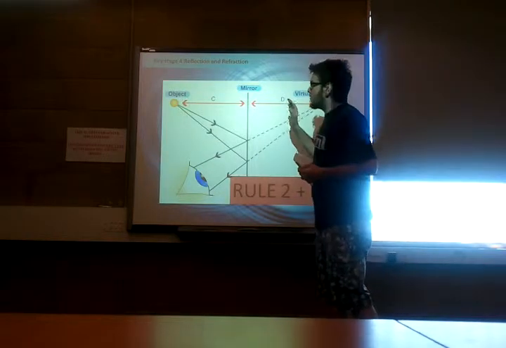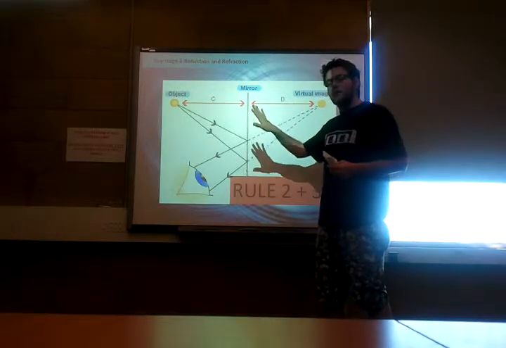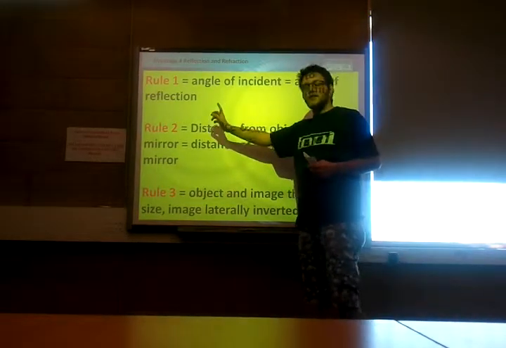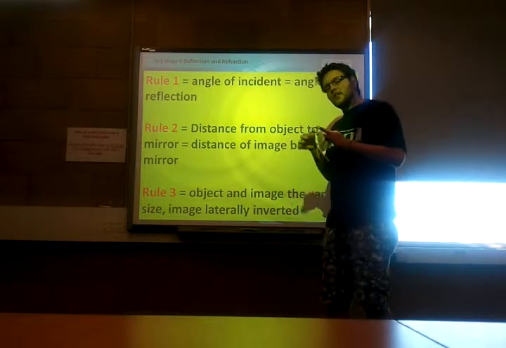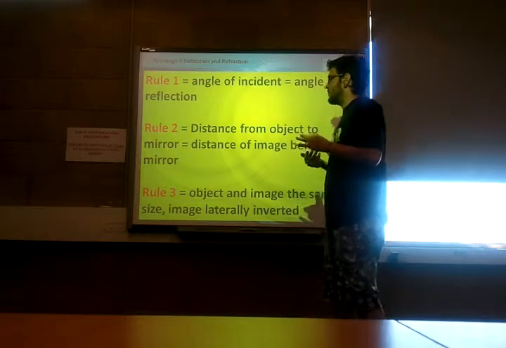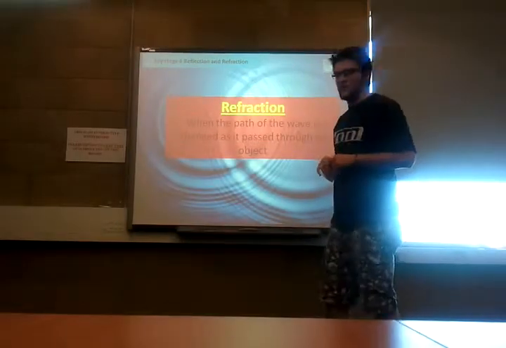It's because of the reflection, the virtual image is always flipped, so it's backwards. But remember that the actual object or the writing will still be the same size, it's just turned the other way round. Okay, so that's our 3 rules of reflection and how reflection works.